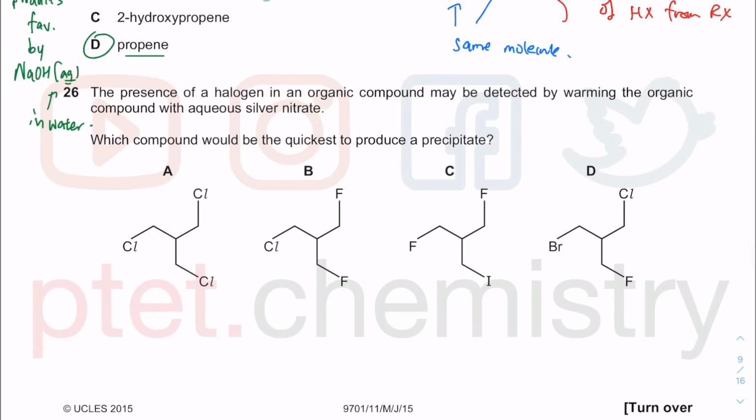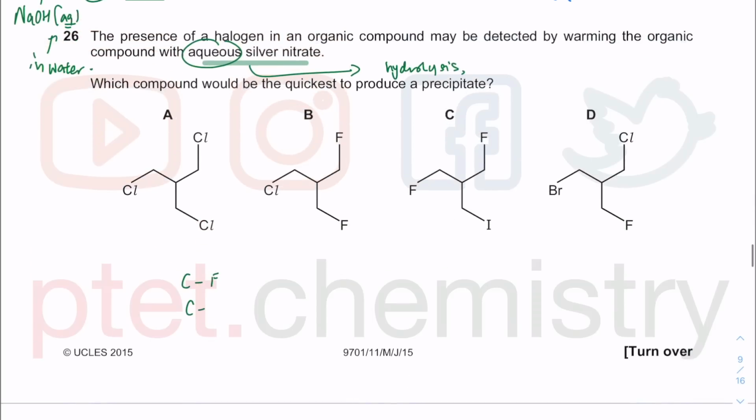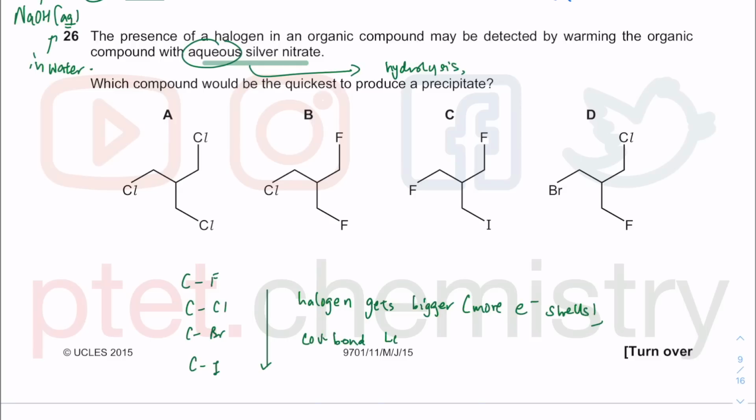Question 26, we have the presence of a halogen and we detect it by heating it up with aqueous silver nitrate. So the presence of the water will do hydrolysis. And when we do hydrolysis, we are concerned about breaking the weakest bond of all. Going down group 17, carbon fluorine, carbon chlorine, carbon bromine, and carbon iodine, the halogen gets bigger as more electron shells are filled, and that means the covalent bond becomes longer.